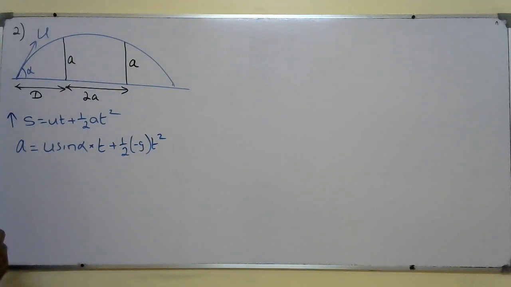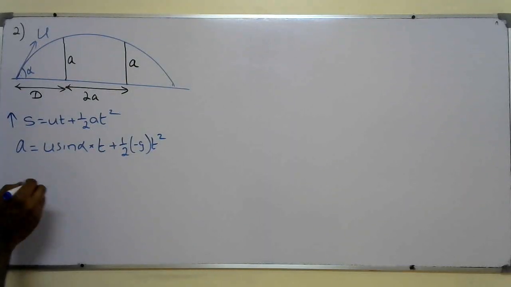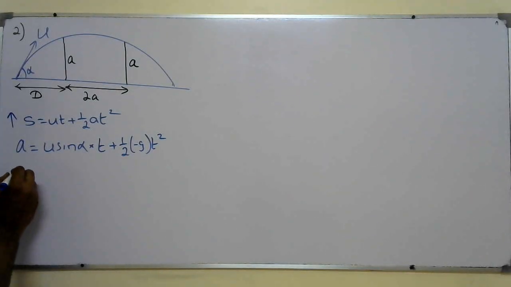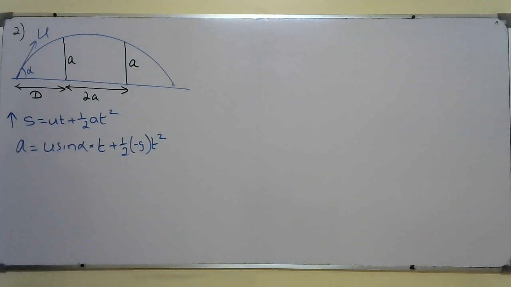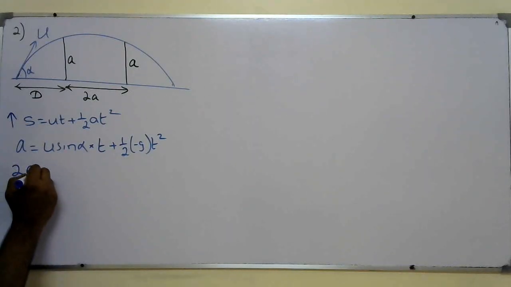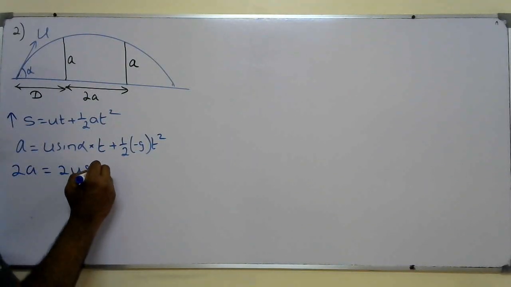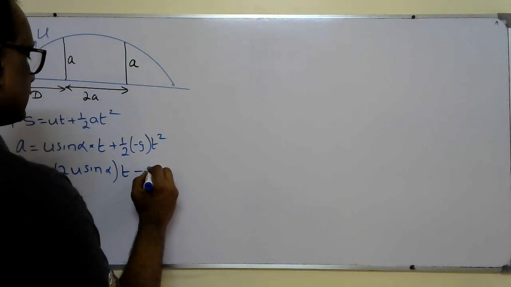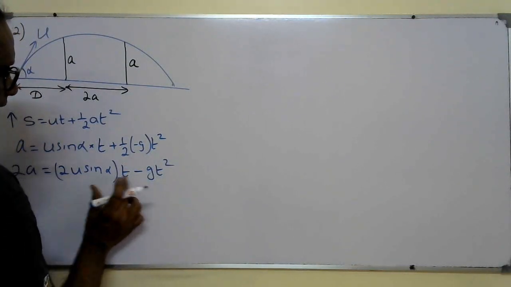Okay, so if I solve this, we'll rearrange it. Multiply by 2: 2a equal 2u sine alpha times t minus gt squared. So it's a quadratic equation in t.